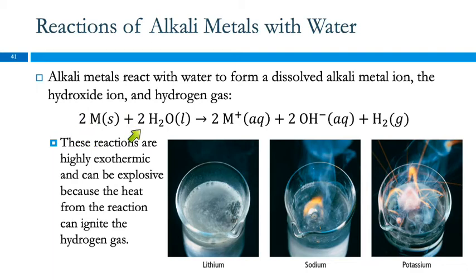So the metal will react with water, and what we get is a metal hydroxide and hydrogen gas. These are also very vigorous reactions. They're highly exothermic, and they can be explosive because the heat that's generated can ignite the hydrogen gas.